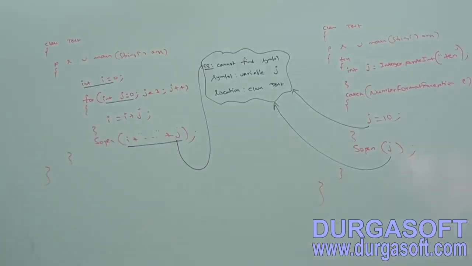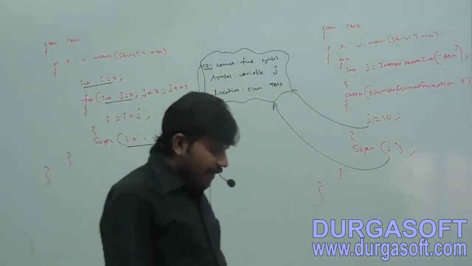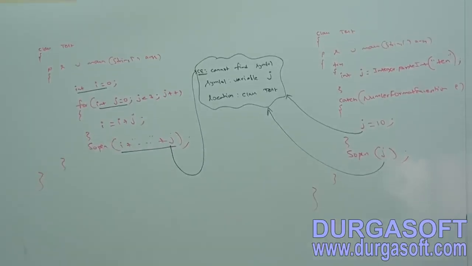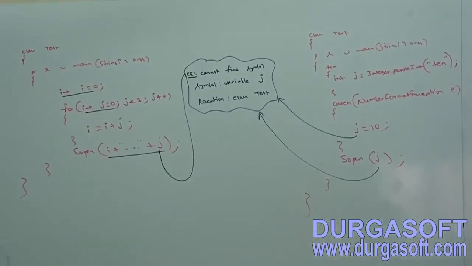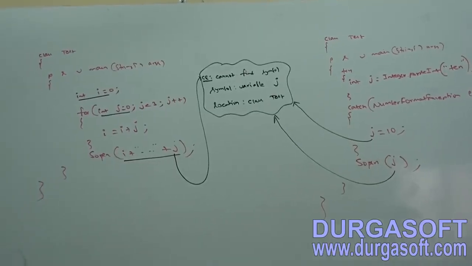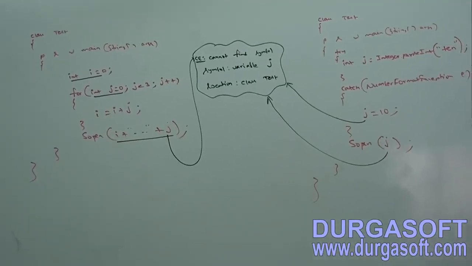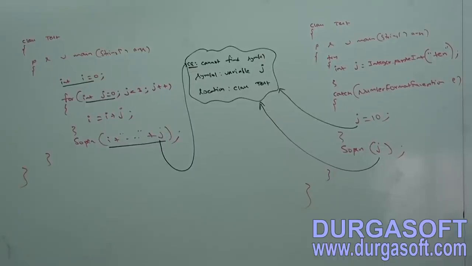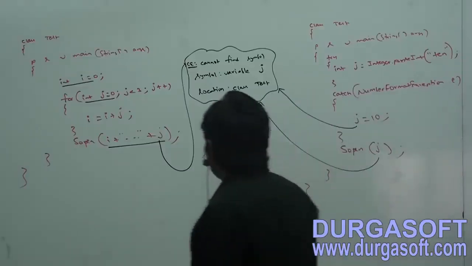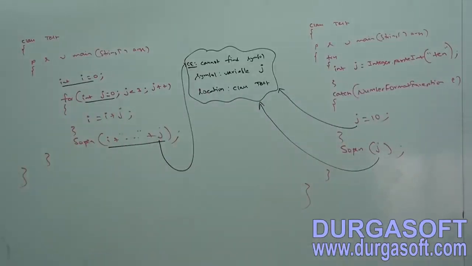Take both examples clearly. Cannot find symbol. Which symbol? Variable j, location class test.